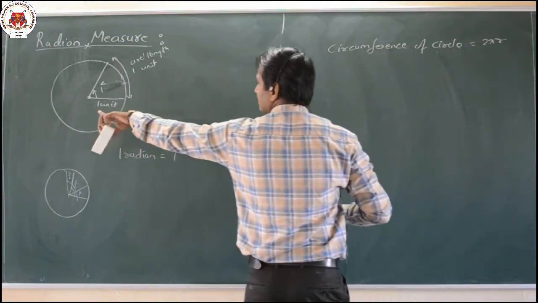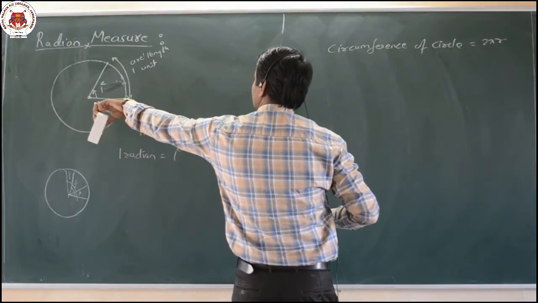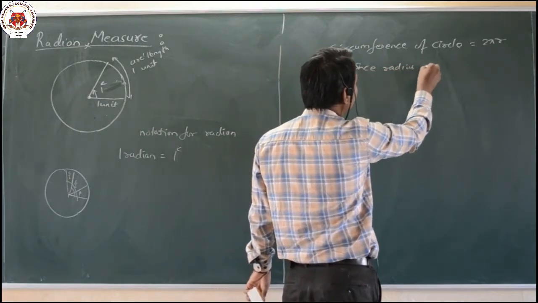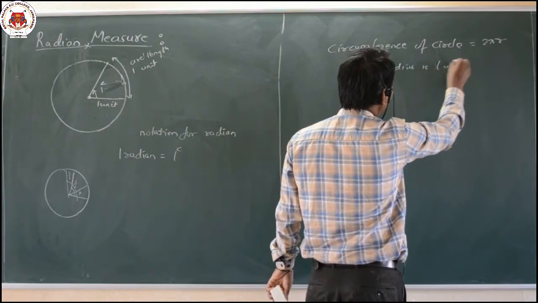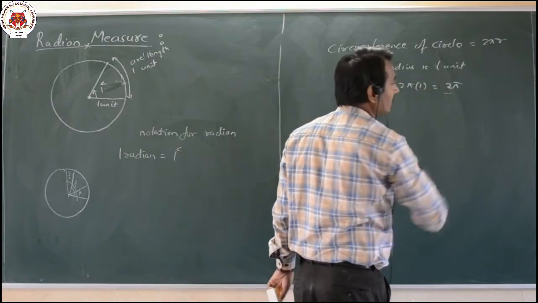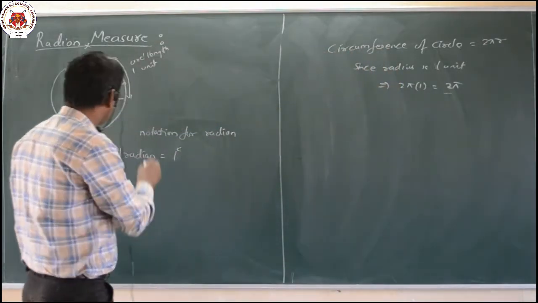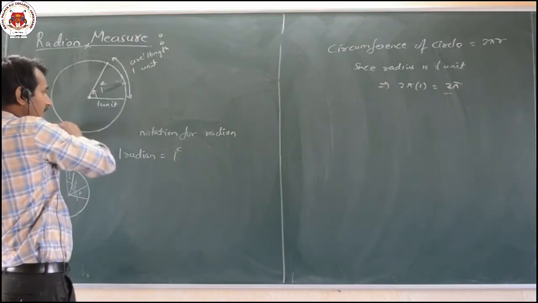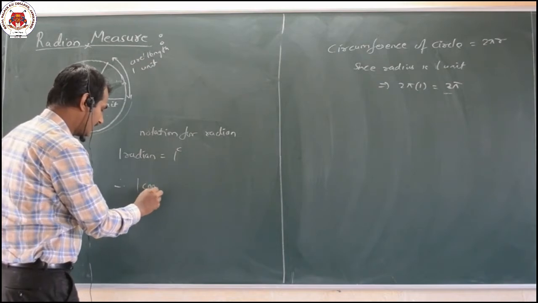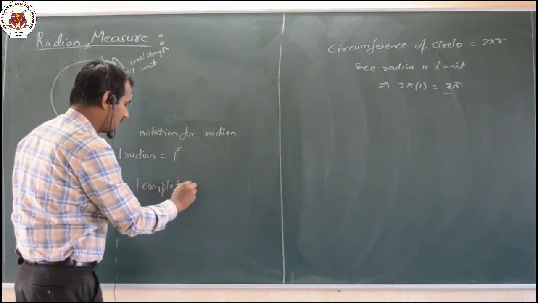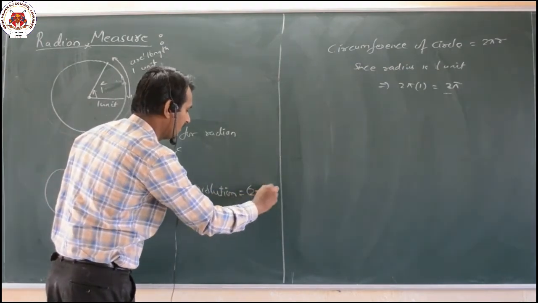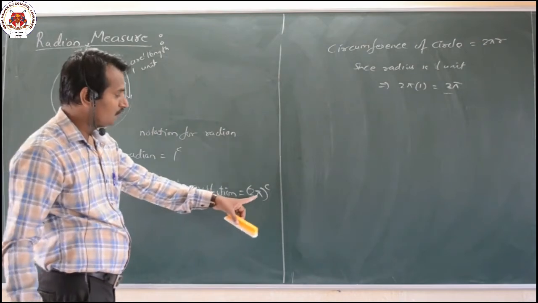Since the radius here is 1 unit, that implies 2 pi into 1, that is nothing but 2 pi. So one complete revolution is nothing but 2 pi radians, and it is denoted by 2 pi to the power of c.